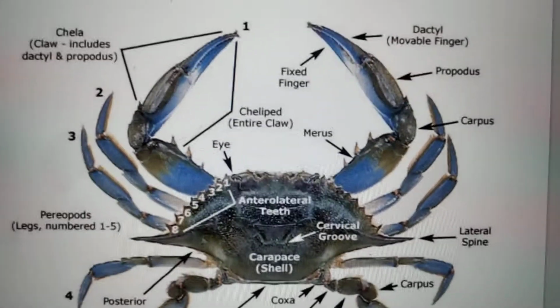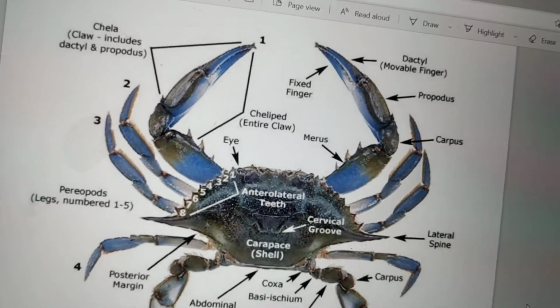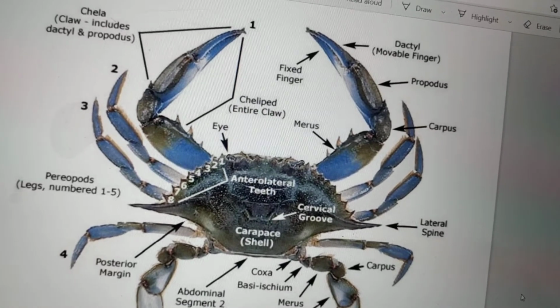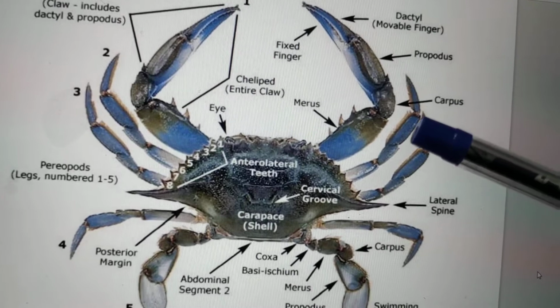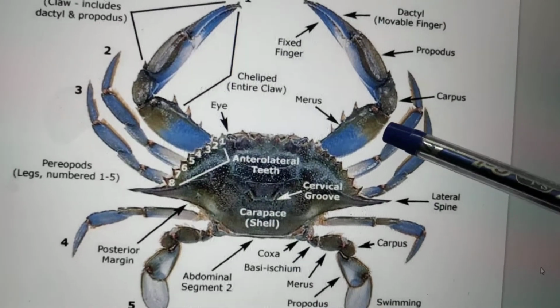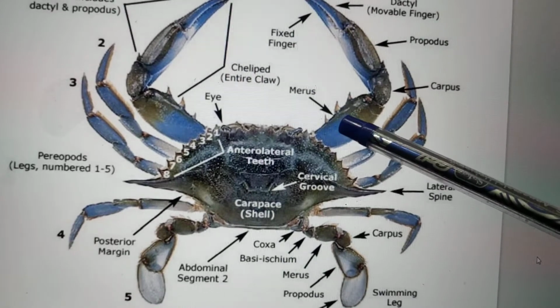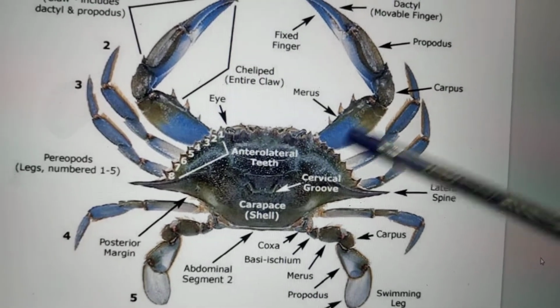The chelipeds are very important from the commercial point of view, isn't it? If you want to sell the crab at a higher price, the consumers are looking for these chelipeds. Once the chelipeds are broken, it loses its market value.